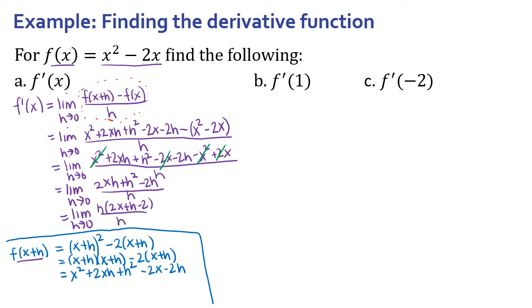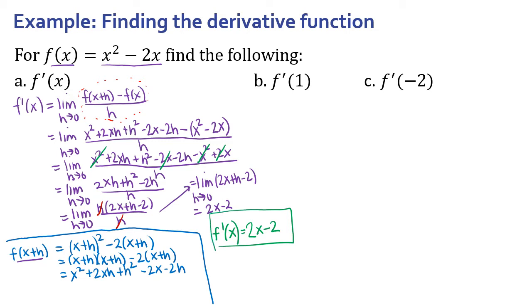And when I do that, I'm left with the limit as h approaches 0 of 2x + h - 2. Now I can actually substitute 0 in for h, and I'm left with 2x - 2. So this means that a formula for finding the derivative of this function at any x value is this.